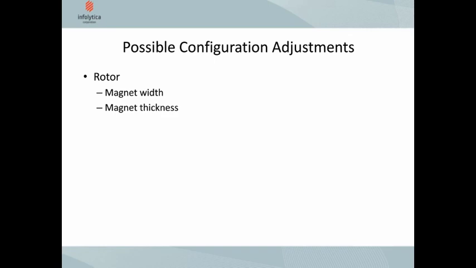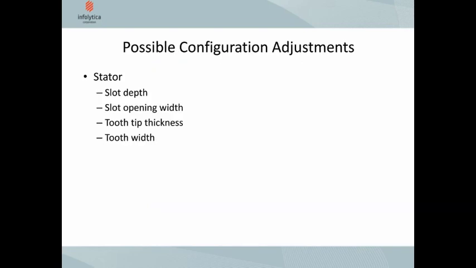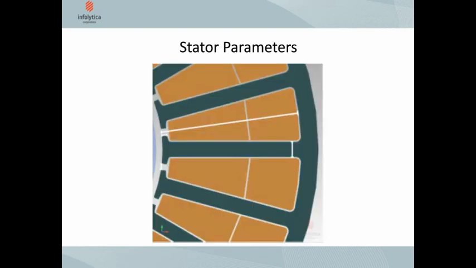Additionally, we're going to change 4 parameters for the stator. We're going to change the slot depth, slot opening, tooth tip thickness, and the tooth width. Here I have my slot opening, my tooth tip thickness, my slot depth, and my tooth thickness, or tooth width.